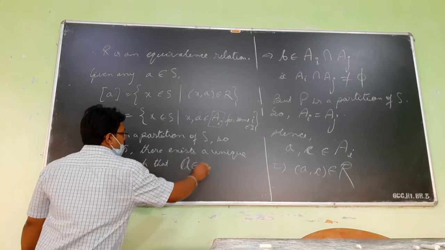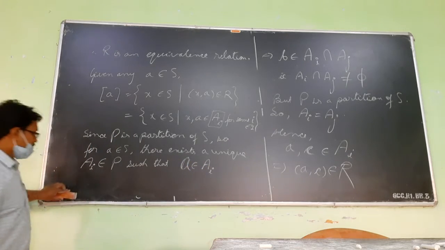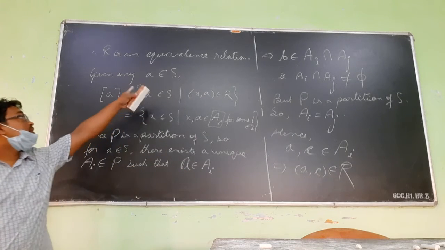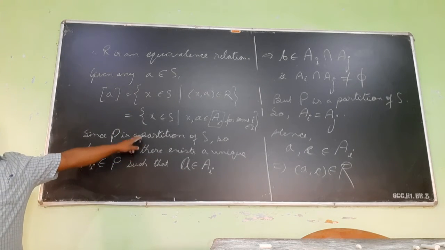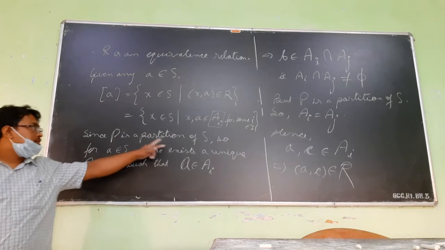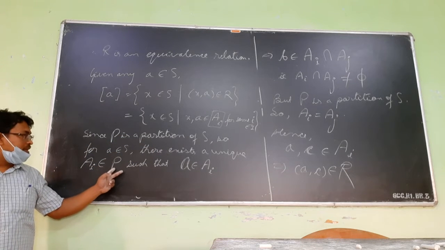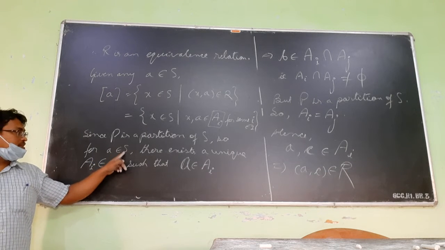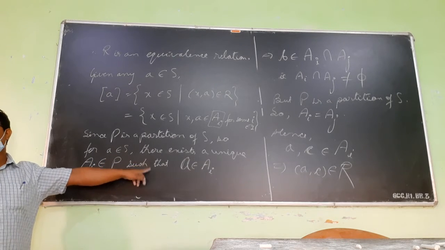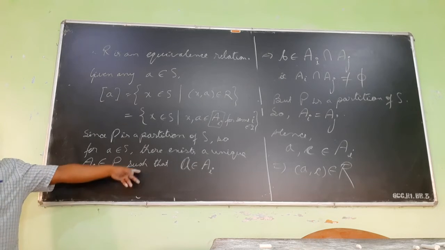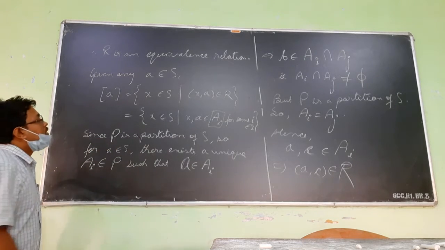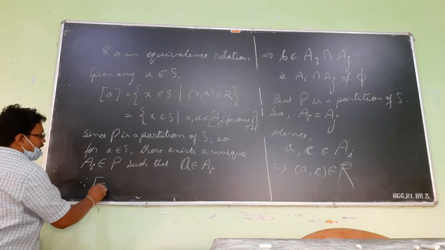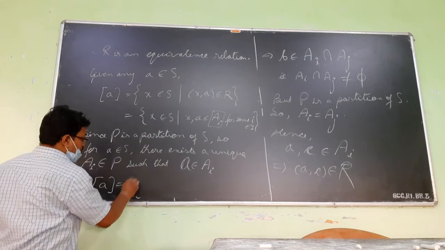So A can belong to only one member of this collection. Since P is a partition of S, the sets in P are disjoint, so if A is an element of S, it will belong to exactly one member of that collection. Therefore the equivalence class of A is exactly equal to A_I.